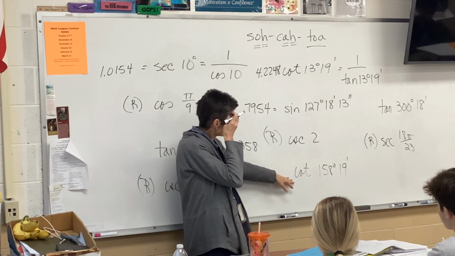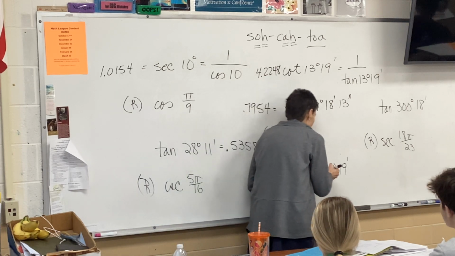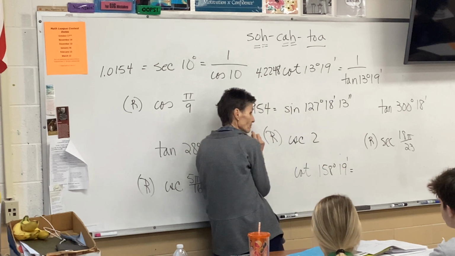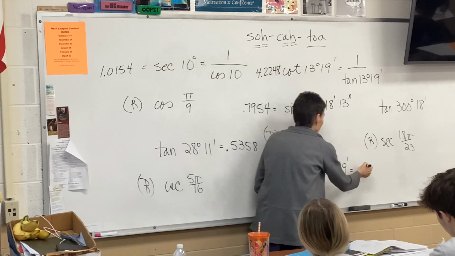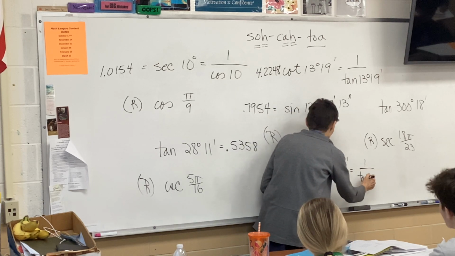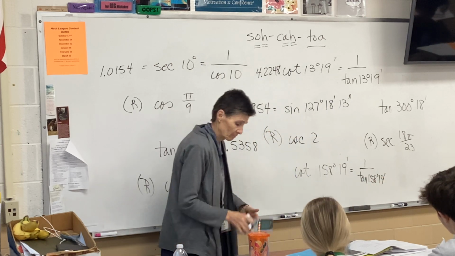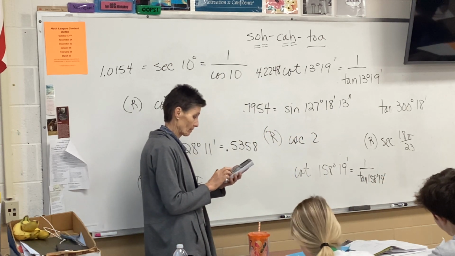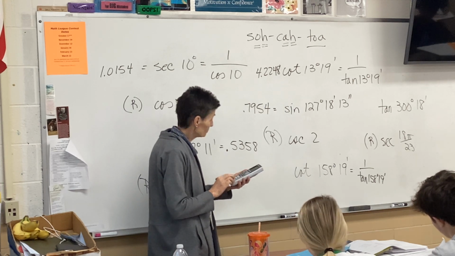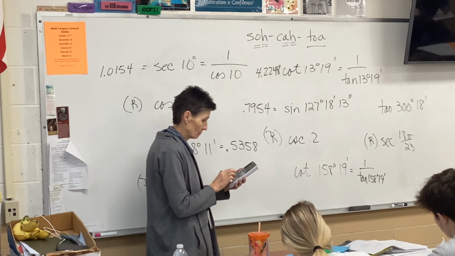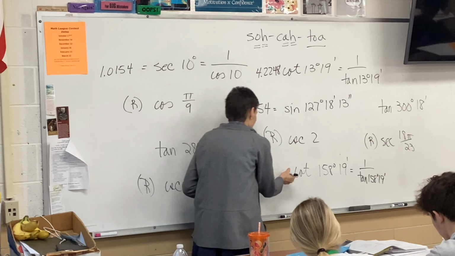All right, now I've done another cotangent. So once again, since it's not a button, I have to do some finagling. So this will be 1 divided by tangent. Now, I don't want anybody to be alarmed.